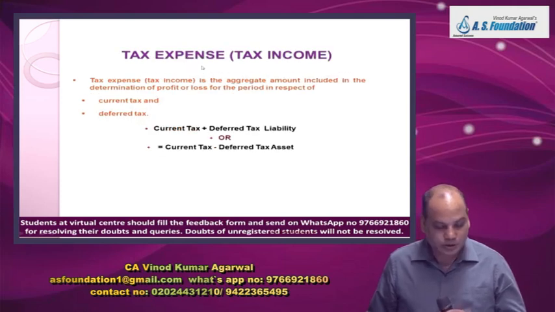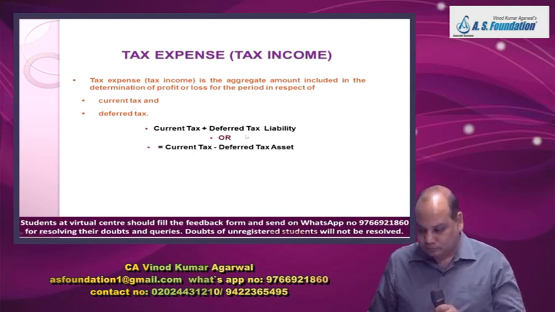And then what is point 3? Tax expense. Tax expense or tax income is the total of current tax and deferred tax. Keep in mind, it is not just current tax. For this chapter, it is current tax plus deferred tax.